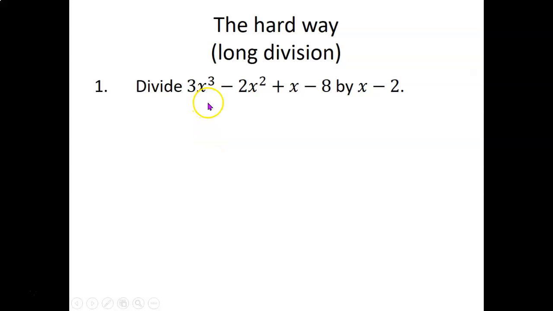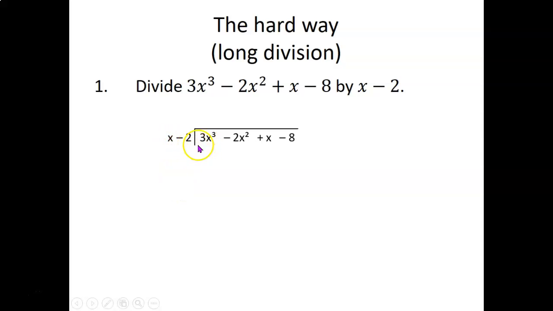So if I wanted to divide 3x cubed minus 2x squared plus x minus 8 by x minus 2 using this long division method, here's what that would look like. I'd set it up like this with my dividend and my divisor out in front, and I look at what they start with.